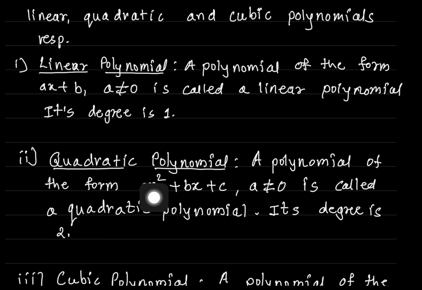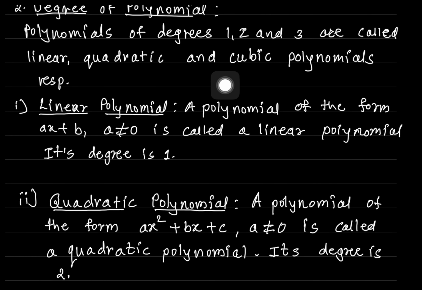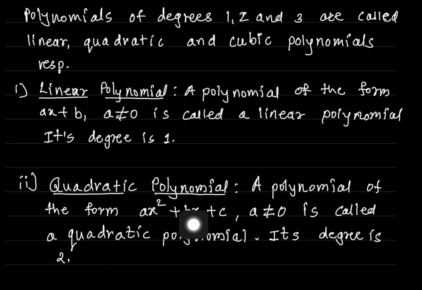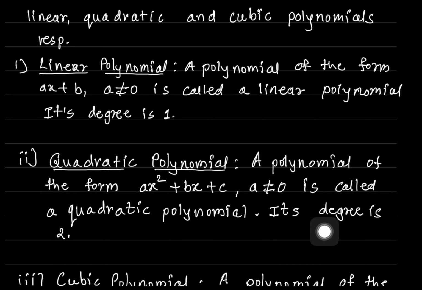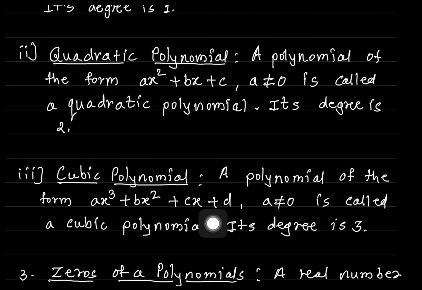Then see ax square plus bx plus c. Here the highest degree is 2. If the degree is 2, it is quadratic. This is the standard form, ax square plus bx plus c. The highest degree is 2, so it is a quadratic polynomial. Then the third one, cubic polynomial.